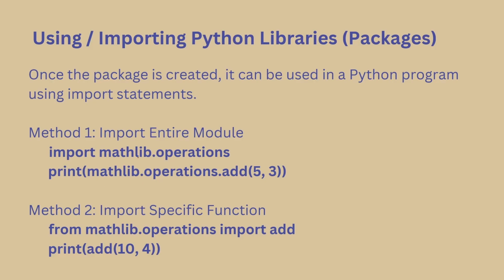Because we are importing the entire module, while accessing its functions like the add function, we have to specify matlib.operations.add. If we import a specific function, from matlib.operations import add, we can just directly call the function, print add.